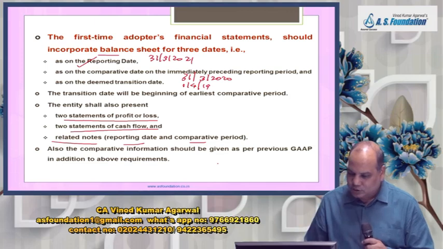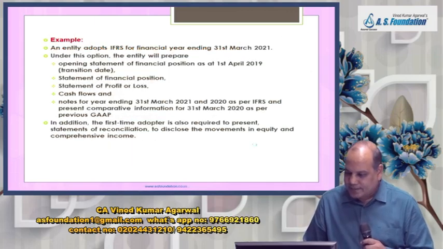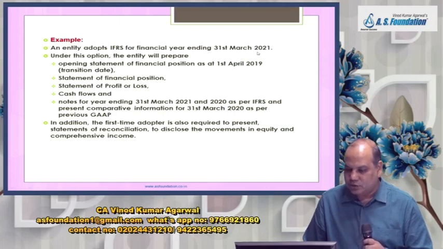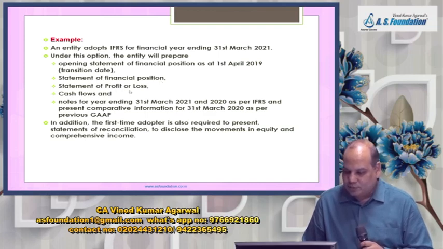This is reconciliation, you can say. Example. An entity adopts IFRS for the financial year ended 31st March 2021. Under this option, the entity will prepare the opening statement of financial position on 1/4/19, statement of financial position, statement of profit or loss, cash flow, notes.